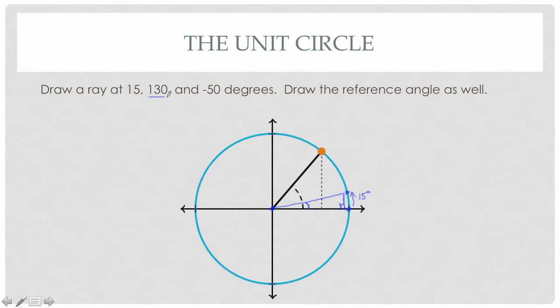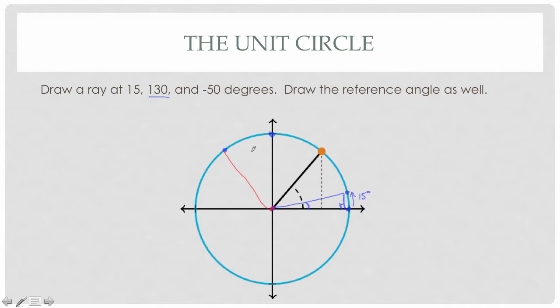Let's draw another one at 130. So 0 degrees, if I go straight up, now we've got a 90-degree angle. And if I keep going, 130 would be right about here. So I'm going to draw this one in red. So from the center of the circle, there's my 130-degree angle.